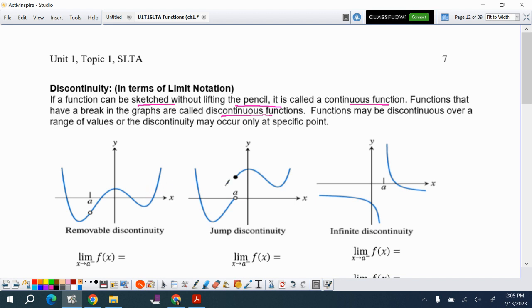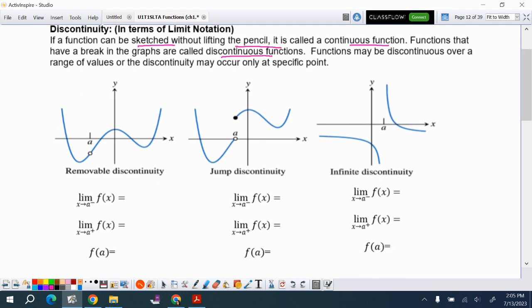There are three different types of discontinuity. You must know the names of them, how to find them, and how to sketch them. The first one is called removable discontinuity. There is another name for this, called point discontinuity.